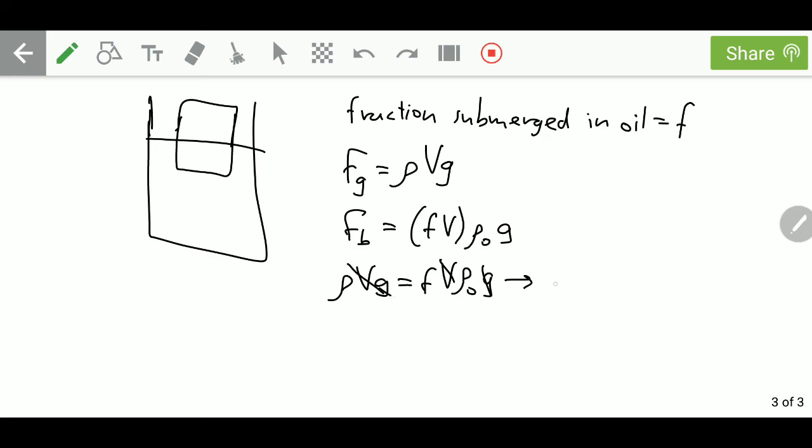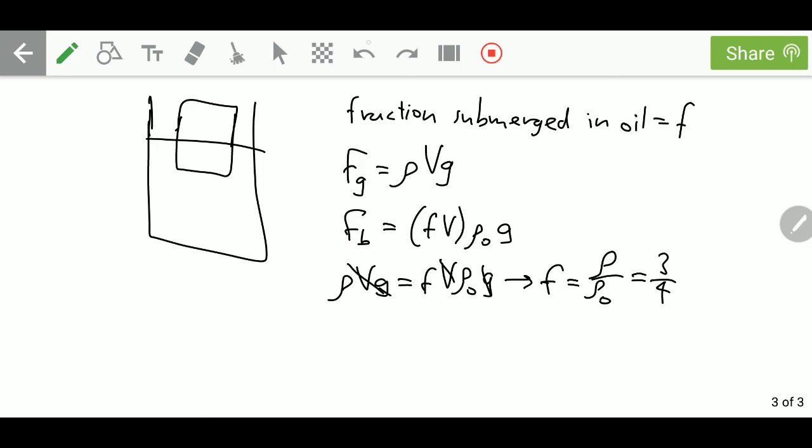And so we see that S is indeed rho over rho of oil, as I mentioned earlier. And as we calculated, that's 3/4. So that's the fact that I mentioned: if you have a solid floating in a single fluid, then the fraction of the volume that's submerged is equal to the ratio of the two densities. You can calculate that directly from Archimedes' principle, as I showed here, but it's also something worth committing to heart.